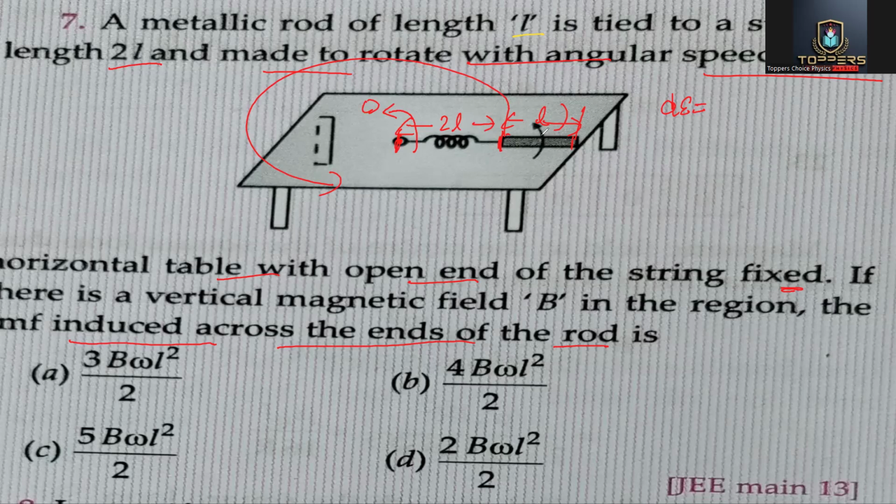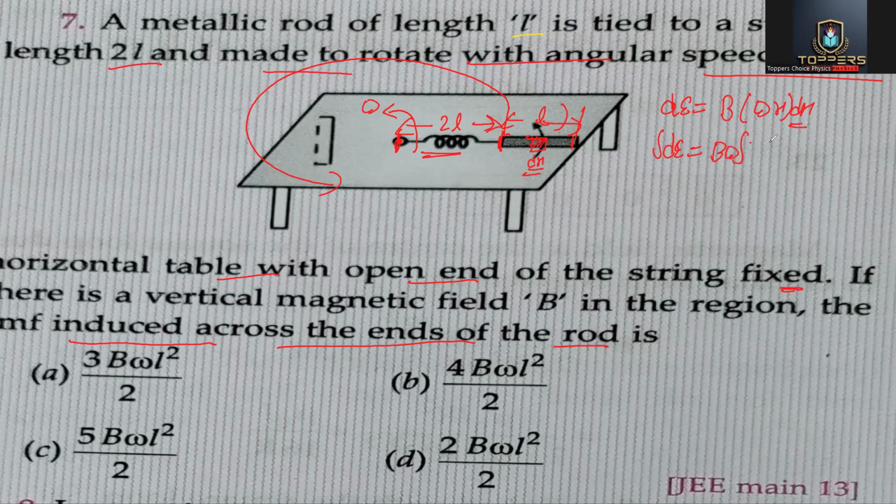For this, we are going to take a small section over the rod, that is dx. We have already discussed that the string length is 2L and this particular portion is dx. So dE will be B omega x dx, because we are taking a small section only. So if we are going to integrate this one, dE is equal to B.